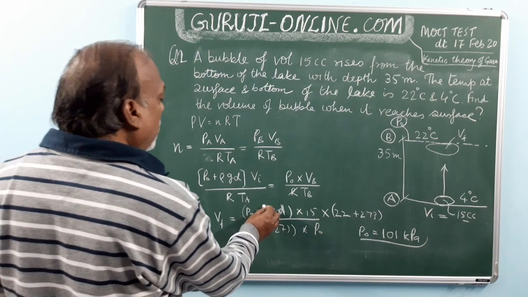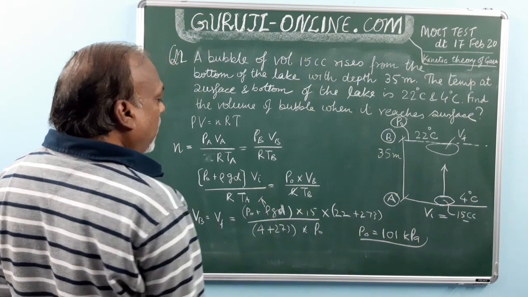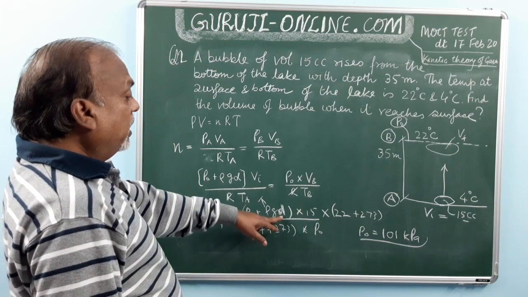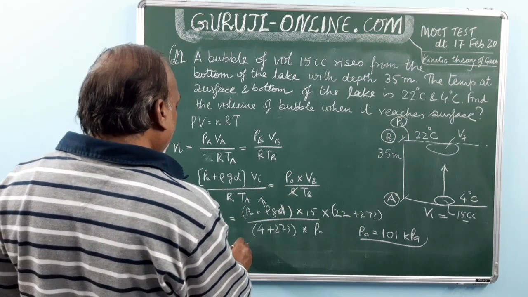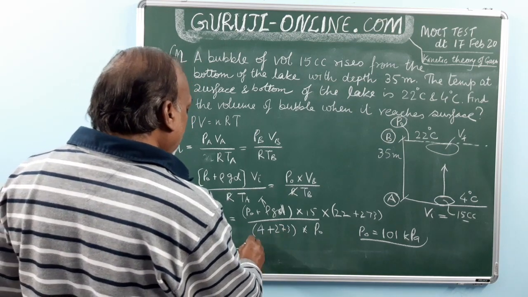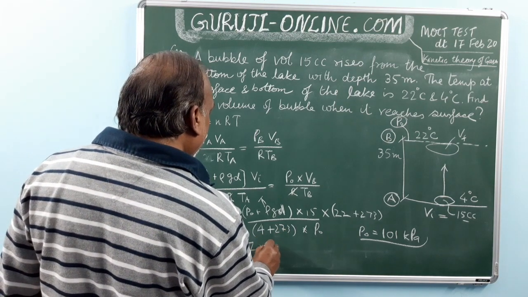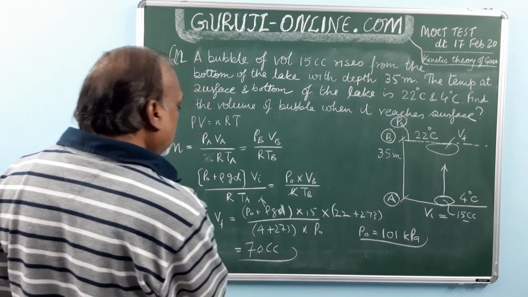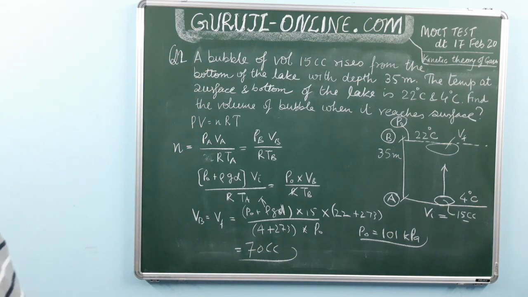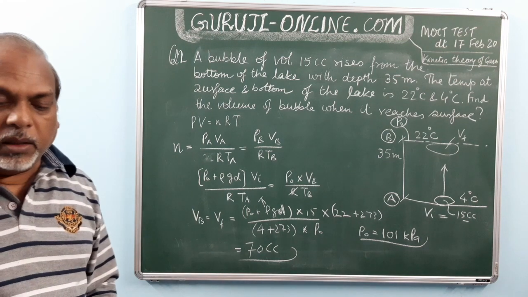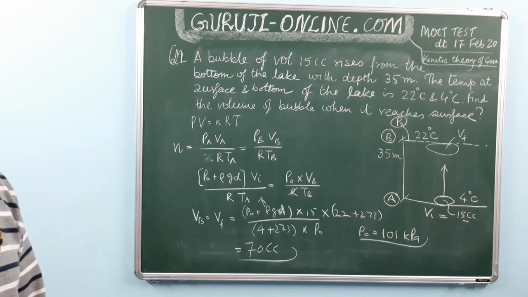Rho we know, density of the water, G we know, D we know 35 meter. So if you solve this, it will come as 70. So this was a very simple problem. Now we will go to the next problem.